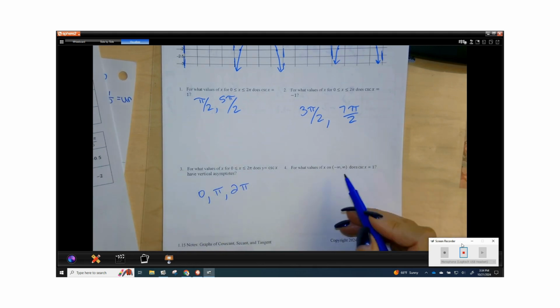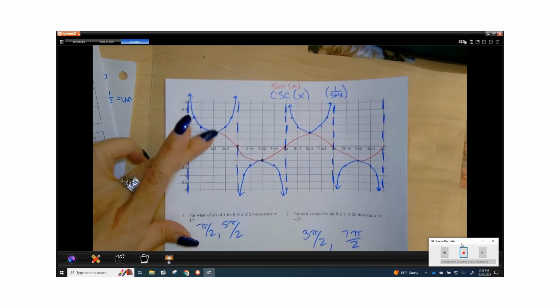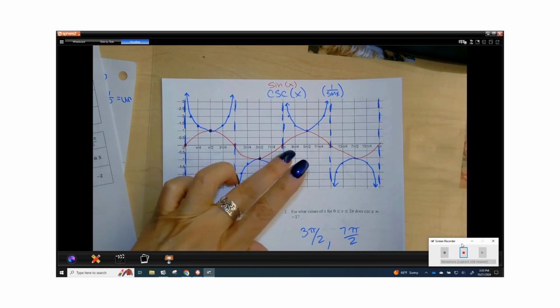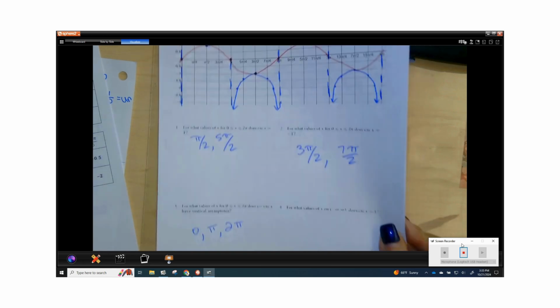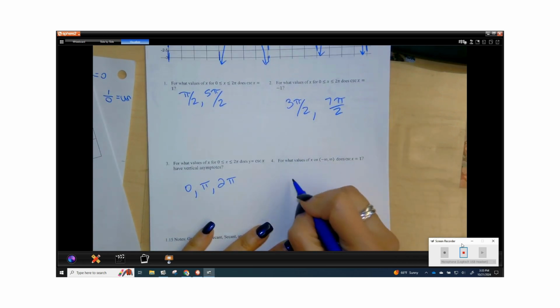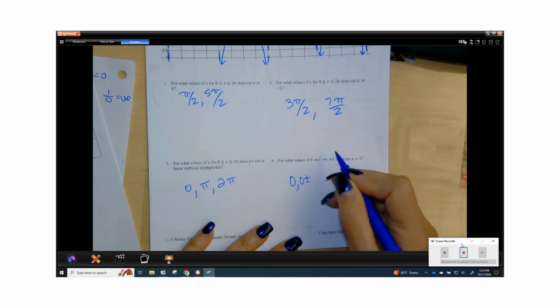And all values, where does it equal 1? Well, the first one starts here, and then it happens 2 pi later, and then 2 pi later, and also back the other way. So the first one is at 0, and then you could do plus or minus pi.